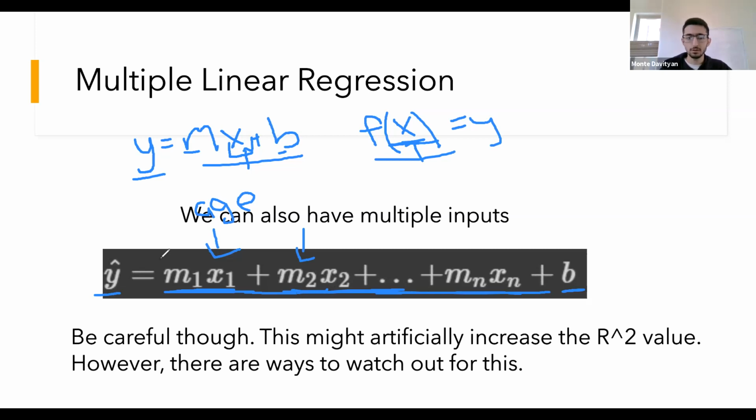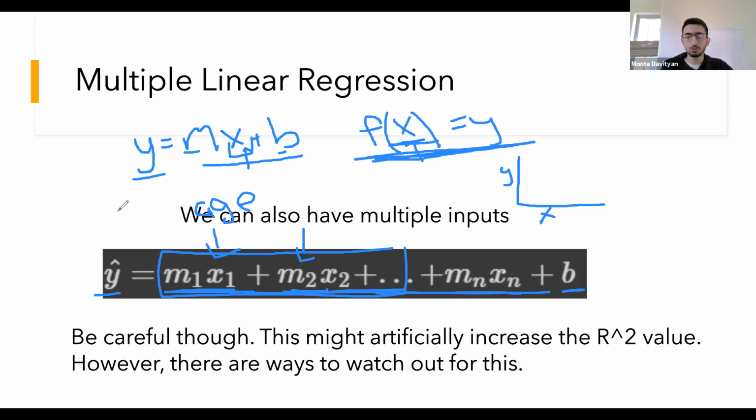It gets harder to graph though. If we have f of x is equal to y, we know that's a 2D graph, with our x and our y. If we have two different variables, so let's say m1 x1 plus m2 x2, that becomes three-dimensional. The more variables you have, it becomes pretty much impossible to graph. But we don't really care.